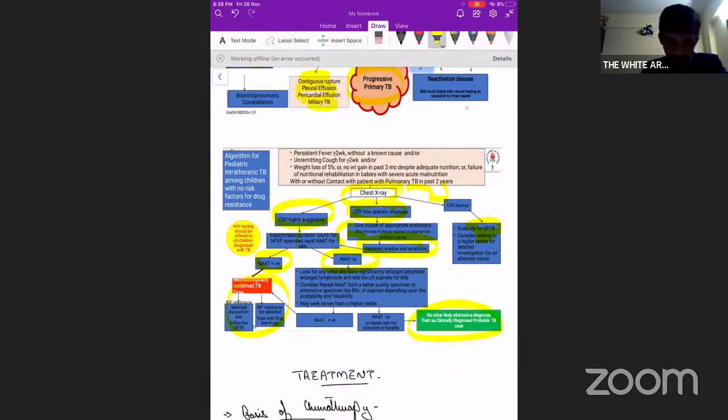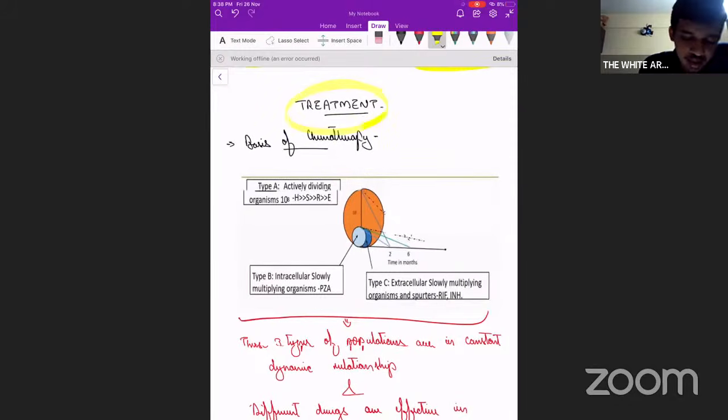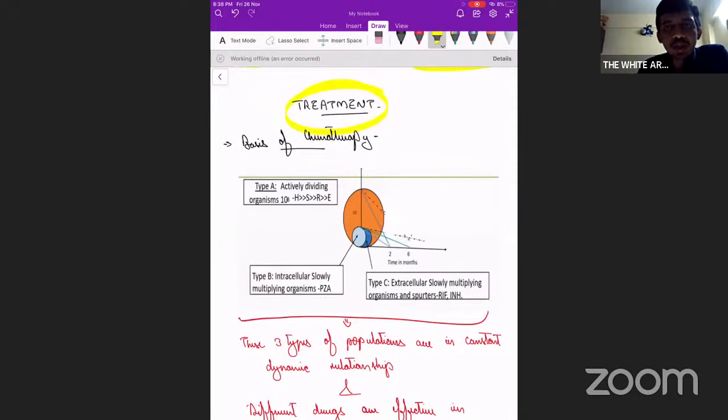Okay. And the most important part, which we have not told, is that every child who tests positive for tuberculosis, please make them undergo HIV testing as well. Fine. Now let's look into the treatment aspect. So now we are done with the disease.